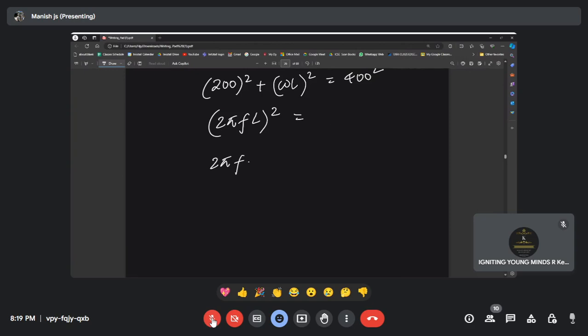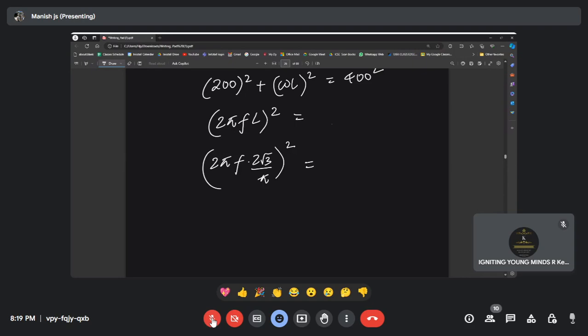L value is nothing but 2 root 3 upon pi, the whole square, is equal to, how much is 400 square minus 200 square? Go for a simplification. It is of the form a square minus b square, right? A plus b into a minus b.